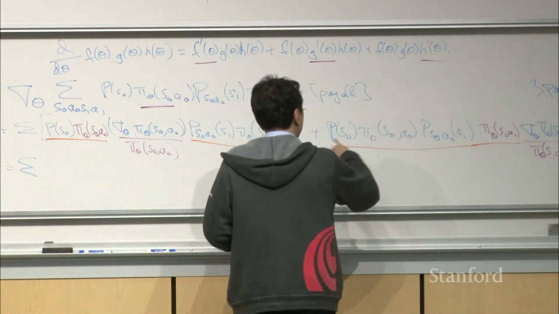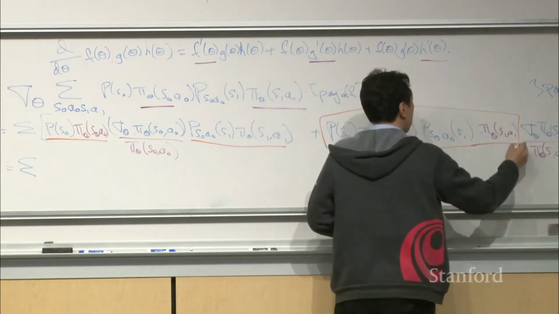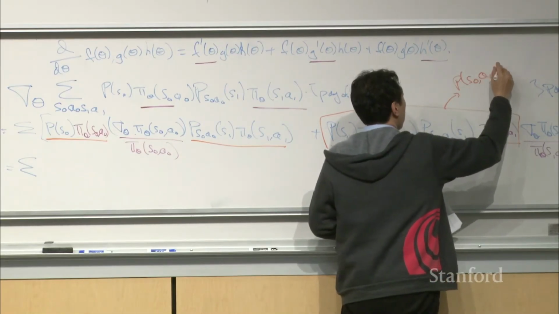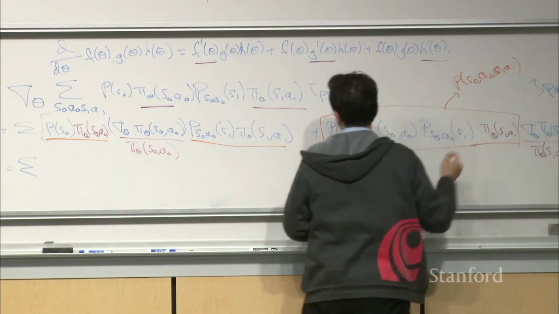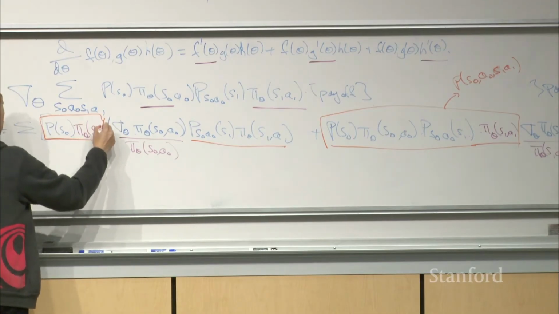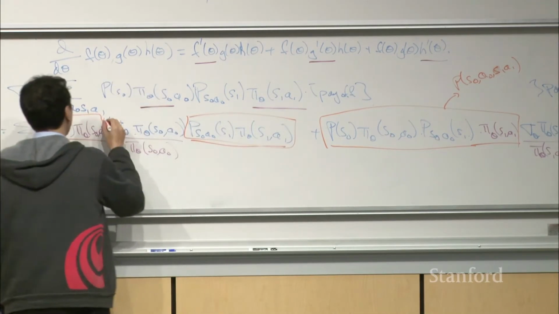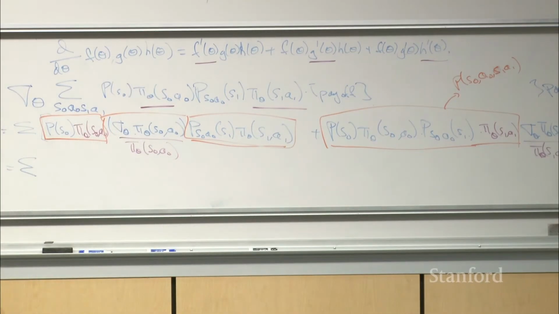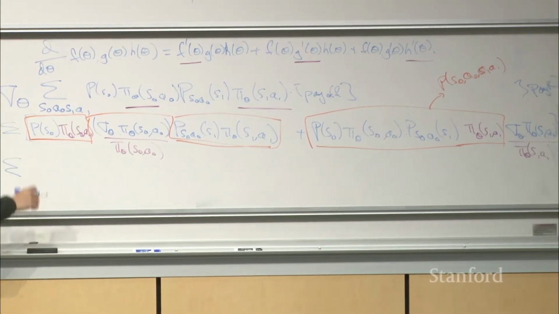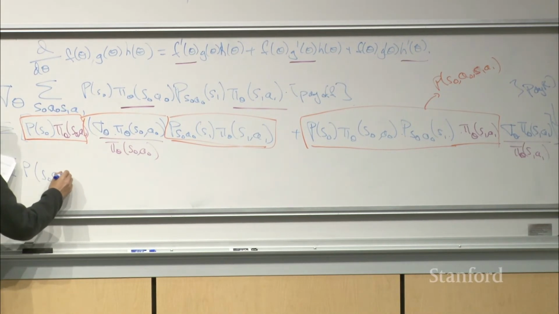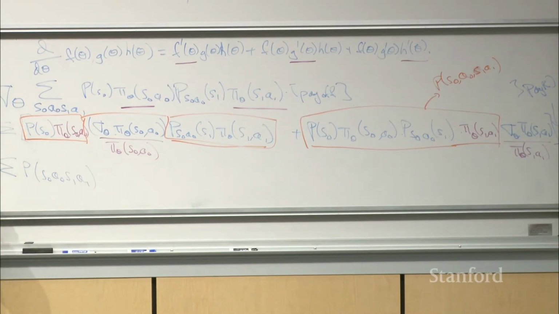right? Because this term that I underlined is just the probability of the whole state sequence. And again, for the orange thing, these two orange things multiplied together is equal to that orange thing in that box as well. And so the final step is to factor out the orange box, which is just P of S0 A0, S1 A1.